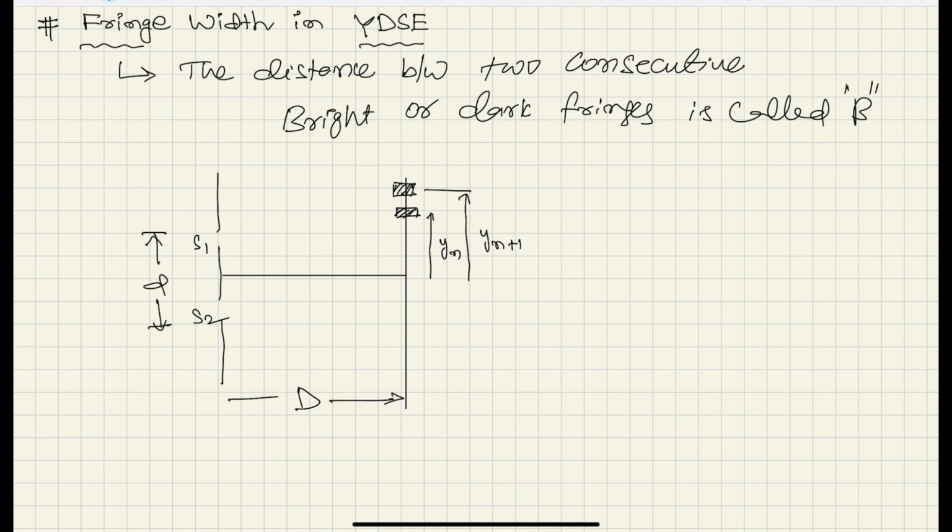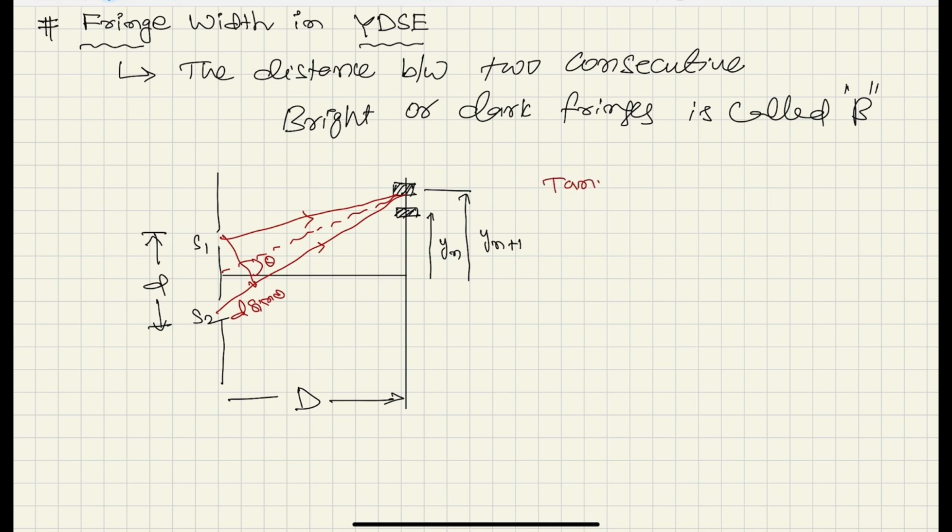Let us take the very first condition. For S1P and S2P, the path difference is d sine theta. From here, this is the angle theta.